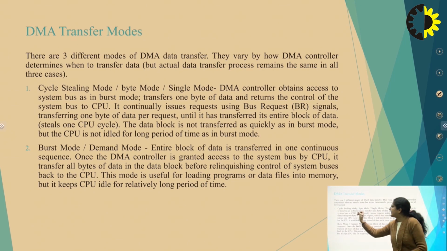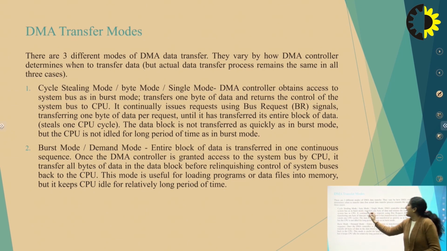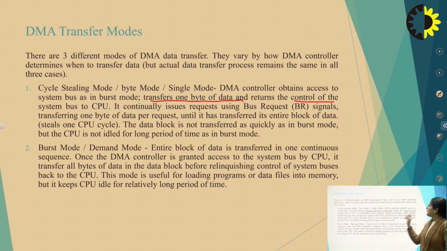So in cycle stealing, only 1 data is transferred at a time. When 1 byte of data is transferred, the control of the system bus is given back to the CPU.